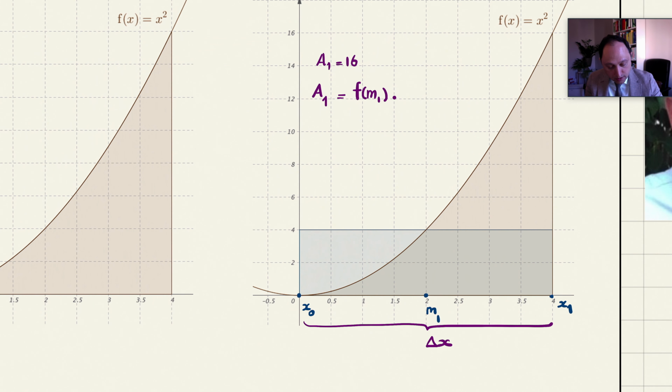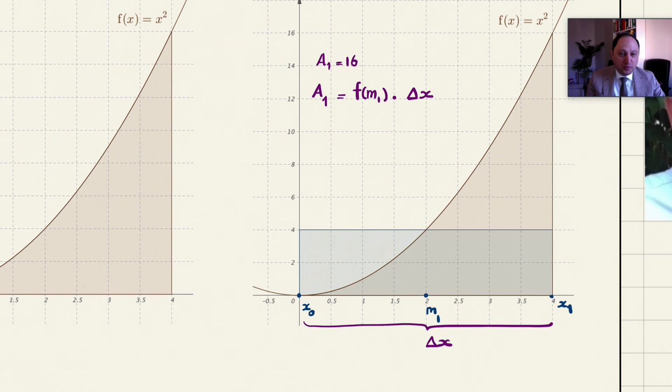So then it means that I multiply it by delta x. Of course I know that the area is 16, but I want to generalize this problem. I am not just interested in x squared, I am interested in all possible functions. So let me write the formula in this form. Is that understandable for everyone, what I have done here and what I've written?